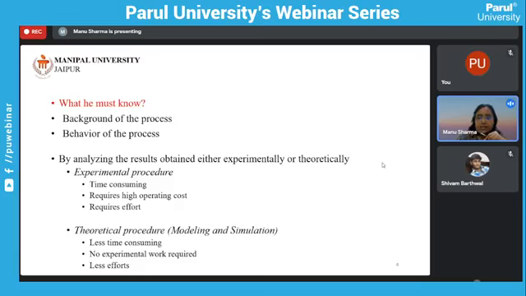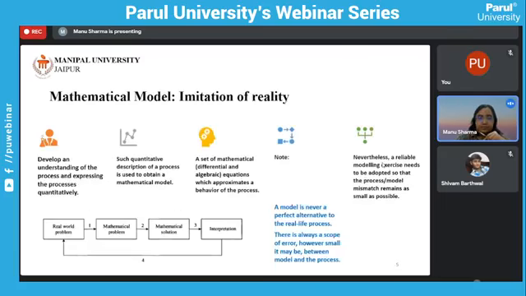Right. So this second approach, that is the modeling and simulation, is the most preferred approach, as it is less time consuming. It requires a very minimum amount of experimental data, and it requires less effort.